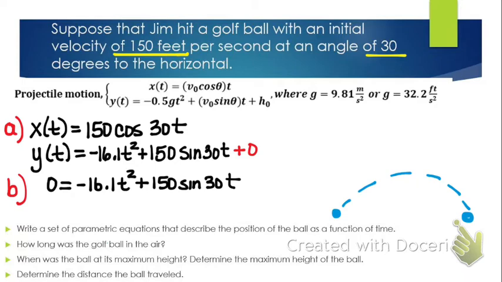And in order to find t, we're going to take out our GCF. And our GCF is t. And when I take that out, I'm left with negative 16.1 t plus 150 sine 30.